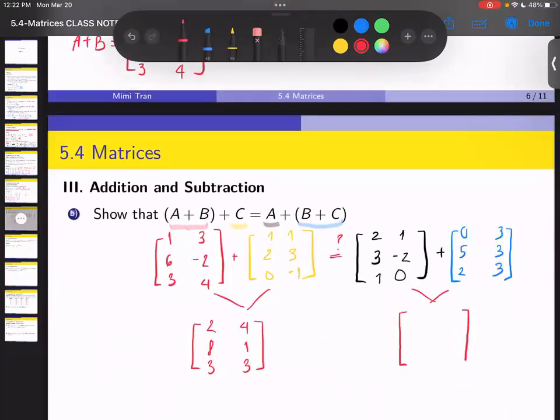Are they equal? 2 plus 0 is 2. 1 plus 3, 4. 3 plus 5, 8. -2 plus 3, 1. 1 plus 2 is 3. 0 plus 3 is 3. Are they equal?